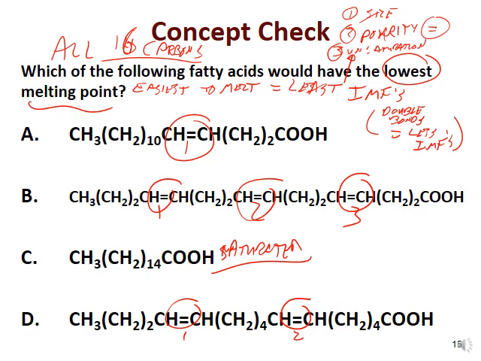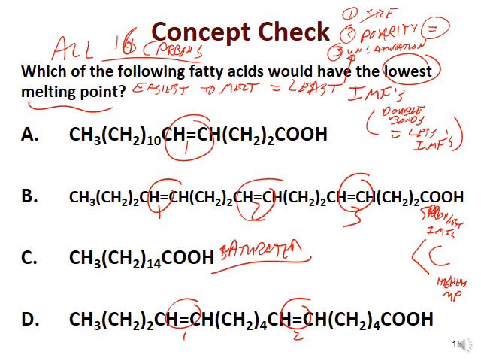So saturated, which is C, would have the highest melting point, the greatest interaction between the chains. Strongest IMFs. And then we just go by 1, 2, 3, and 4. And then the question is, which one?